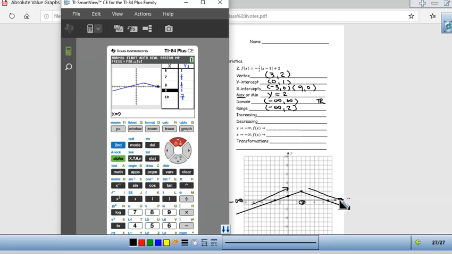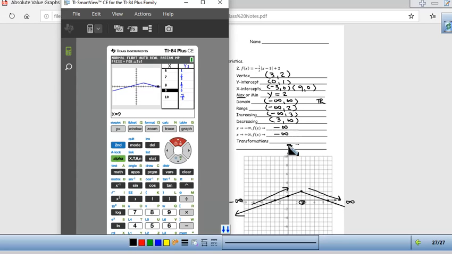And then it's decreasing on the right-hand side between 3 and +infinity. End behavior. As x approaches -infinity, on the left side of this graph, it is headed to -infinity. The right side is also headed to -infinity.